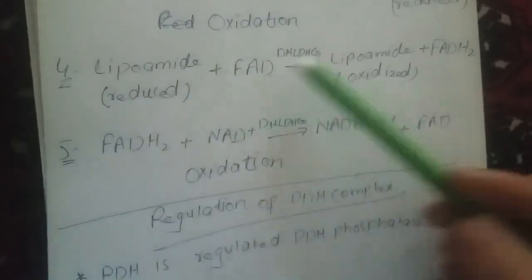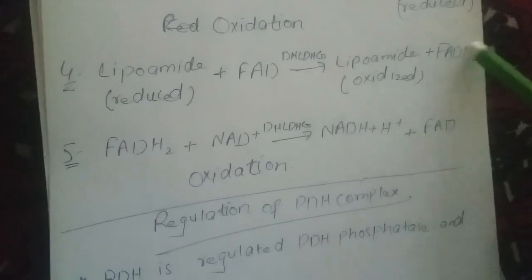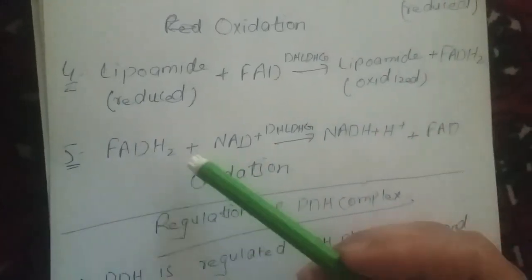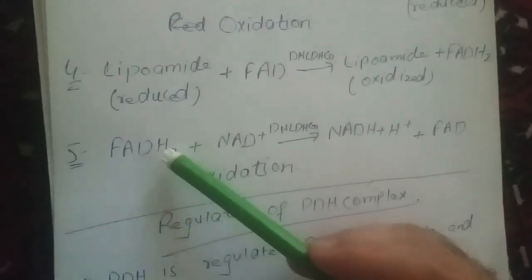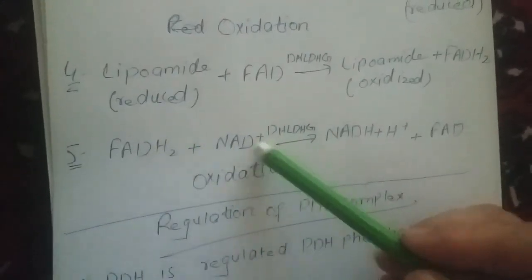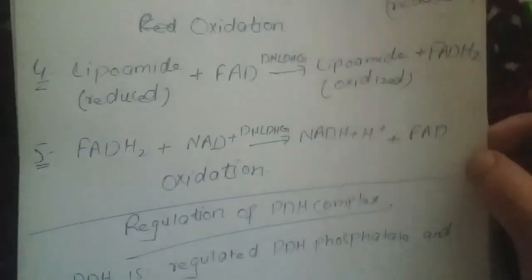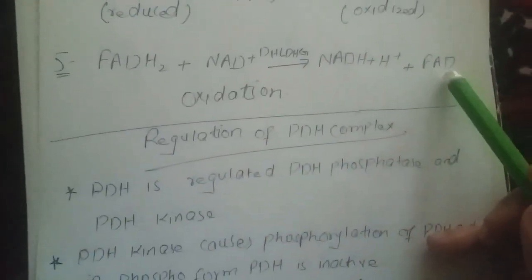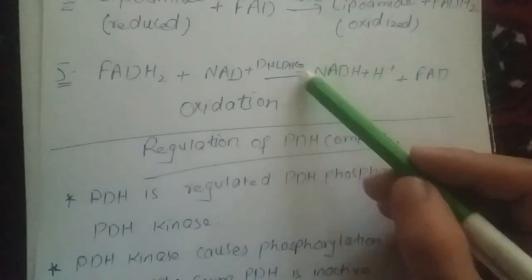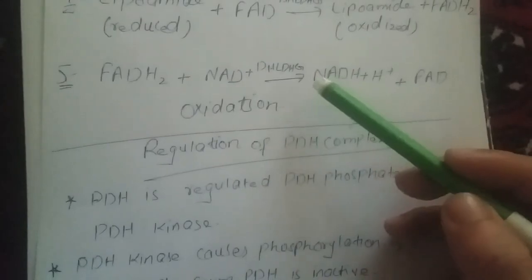In the last step, FADH2 will give its hydrogen to NAD. It will be oxidized, and NAD will be reduced, converted into NADH plus H, and FAD is now oxidized. So one NADH is obtained by this whole reaction, and one acetyl CoA.